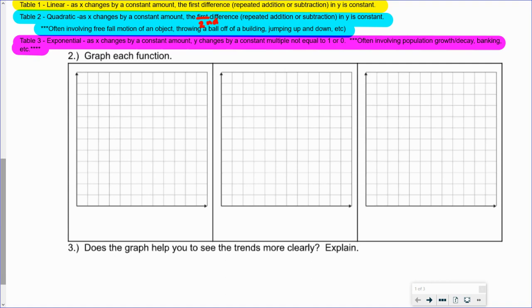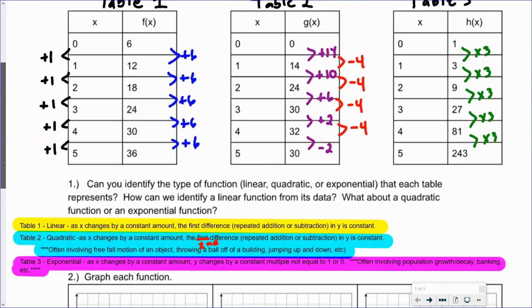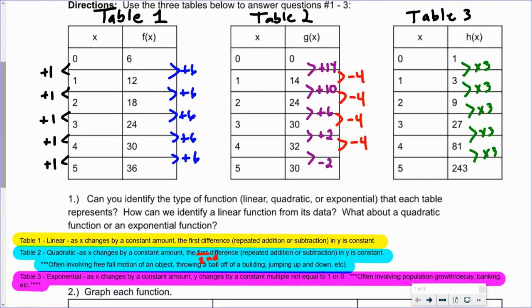But if you are given a table of data, looking at the first difference or the second difference to help you identify linear or quadratic patterns is very, very helpful. Or looking to see if your output values are changing by a constant multiple is a really quick way to check and see if you're dealing with exponential data. So that's pretty much the content for this.